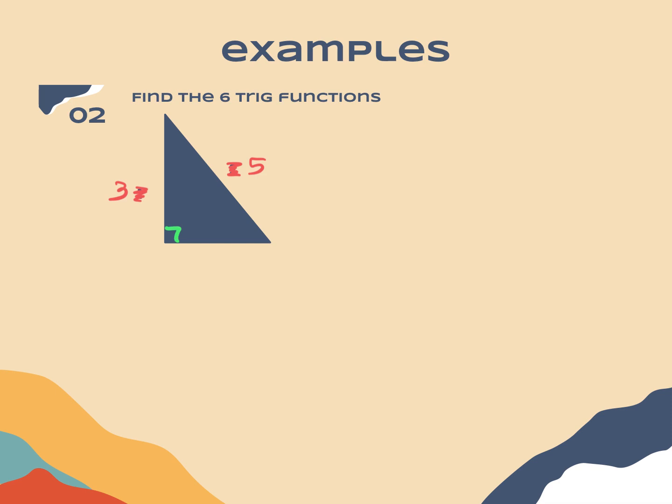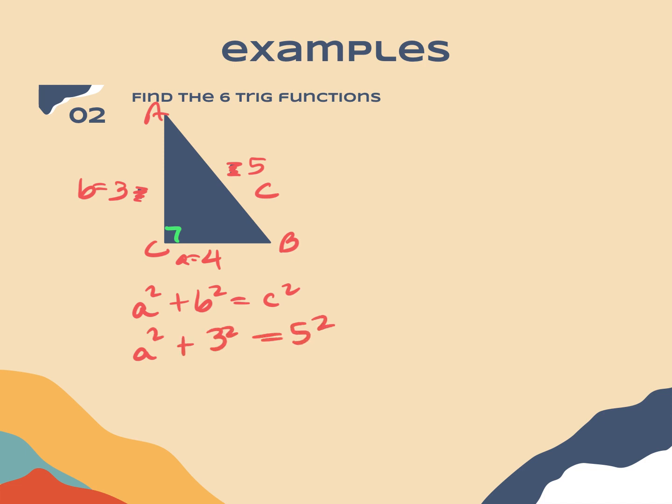So if you already recognize that this common triple is the 3, 4, 5, you don't have to do a squared plus b squared equals c squared. This would be your c. And again, if I put in variables here, this could be your b, and this would have been your a. So if you had to do it, you could do a squared plus 3 squared equals 5 squared.